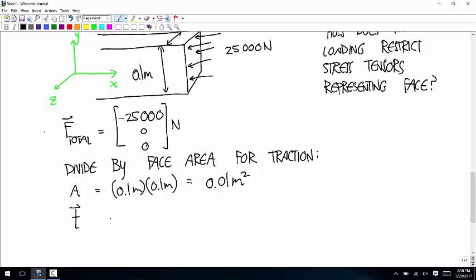So the traction vector is negative 2.5 times 10 to the 6, 0, 0 in units of pascals. Any questions about getting that traction vector?